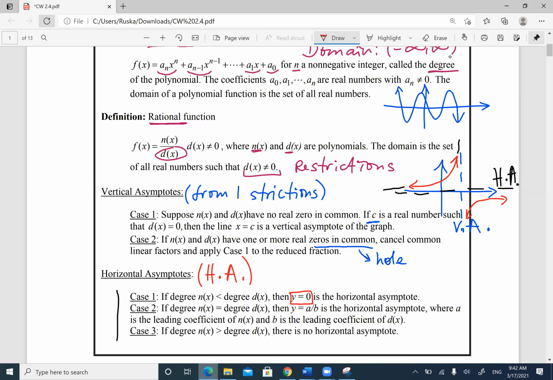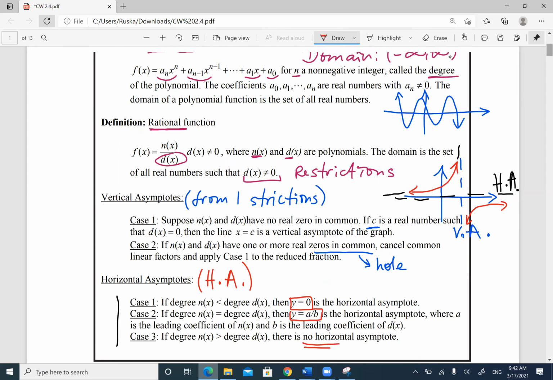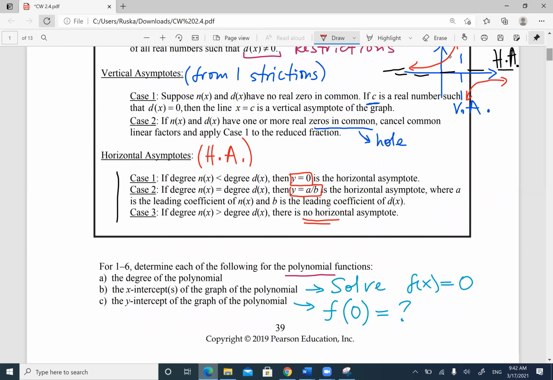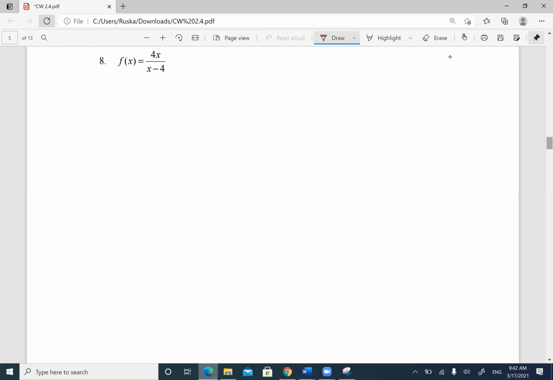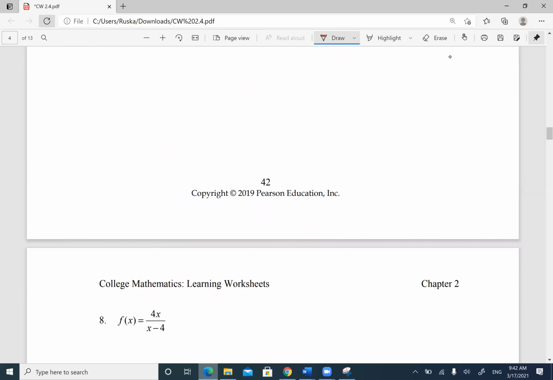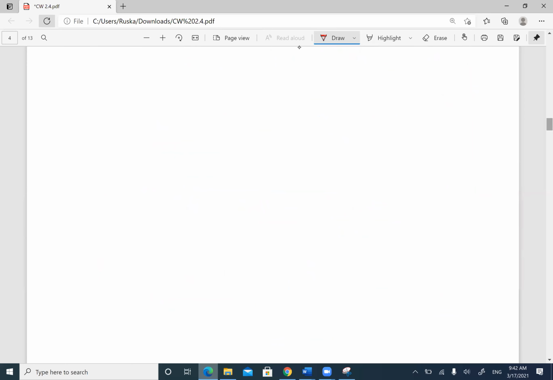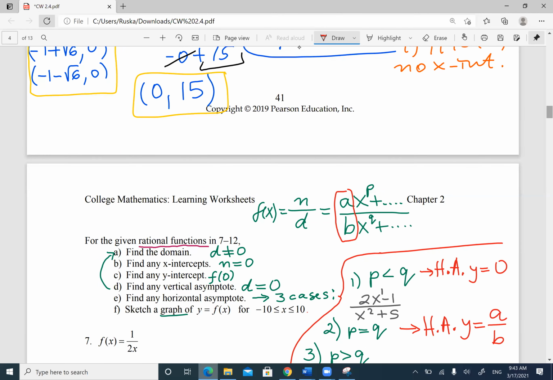If the degrees are equal, y equals a over b is the horizontal, right? And if the top is bigger than the bottom, then no horizontal asymptote, okay? So that's exactly what you have here. These are the three cases for horizontal asymptote. And now let's go ahead and start doing some examples, so you'll see exactly what I'm talking about.